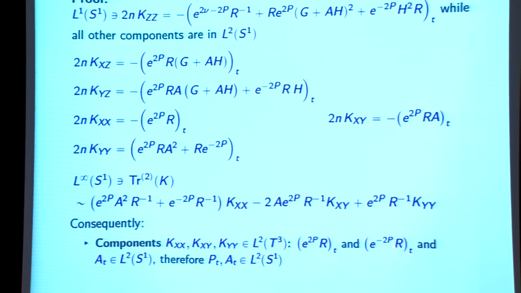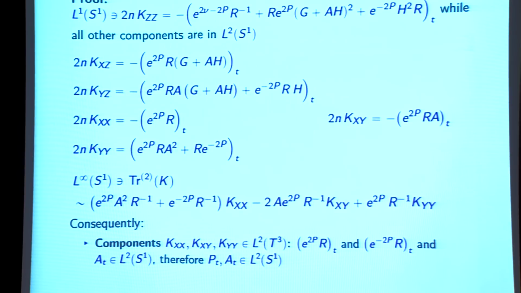So these two quantities, for instance, you get them in this component kxx and in this component kyy. So they have to be in L2, and you translate what it means. It's really the same story as what we have done for the metric, that you repeat for the second fundamental form.